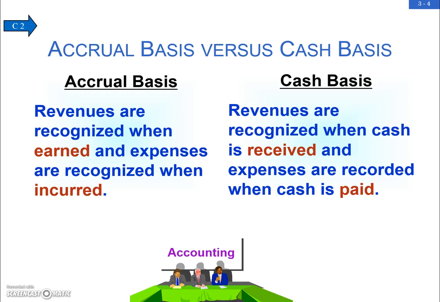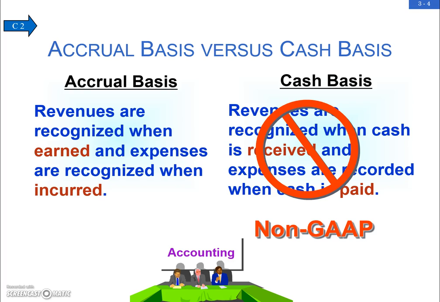That's the sort of accounting used for income tax purposes, but not for financial accounting. That is not recognized as generally accepted accounting principles, which is what we spoke about in Chapter 1 and what the chapter does a really good job of explaining. Those are the rules that we follow for proper financial accounting.